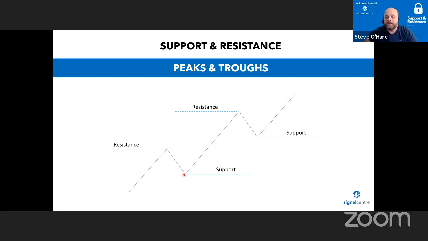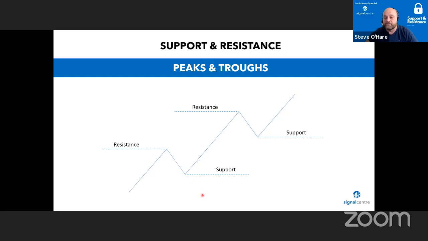Now, when we find a level of support, the guys who have been on the sideline, who have missed out on this opportunity to buy, or even the guys who were long and maybe have taken small profits here, will look at the areas of support that occur in the market for an opportunity to get long again. The guys on the sideline will look at this as an opportunity to step in where they've missed out before. The shorts or the bears in the market will look at this support level as maybe even an opportunity to take some of their profit off.